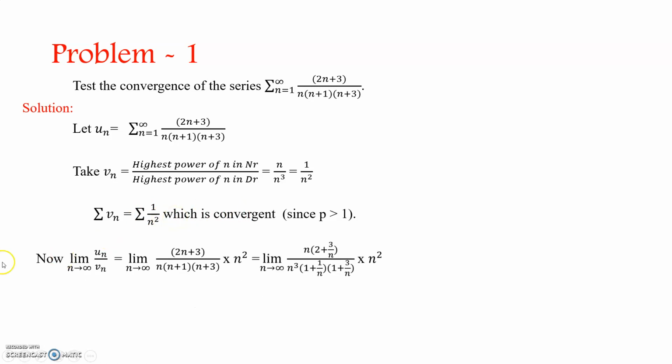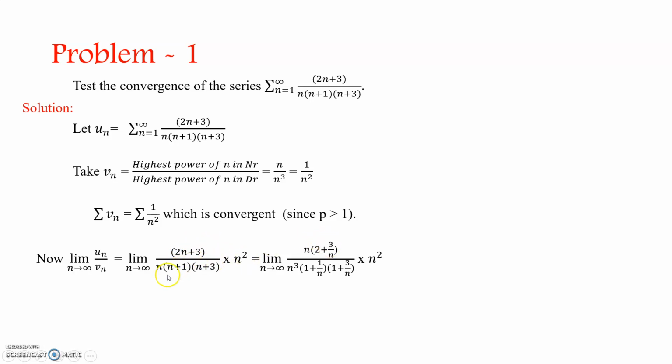Next, we have to find the limit n tends to infinity of un by vn, which is the limit of (2n plus 3) by n into (n plus 1) into (n plus 3), into vn's reciprocal, n square. From the numerator we can take n outside, so this can be written as 2 plus 3 by n.